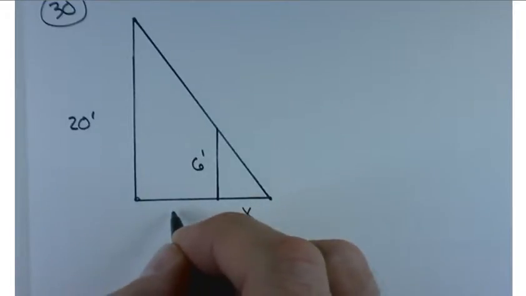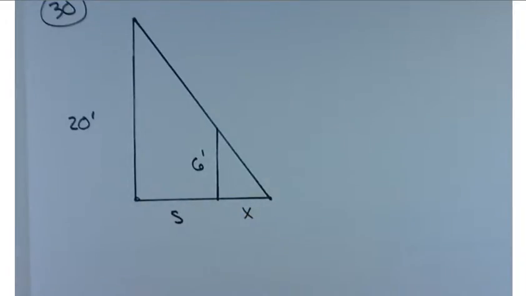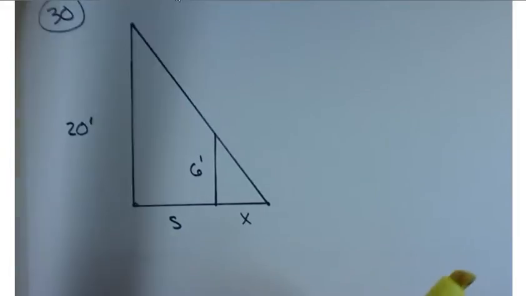So let's call this distance S. And you might be able to solve this with a Pythagorean theorem, but I guess what I see more than the Pythagorean theorem on this one is something we saw the other day.